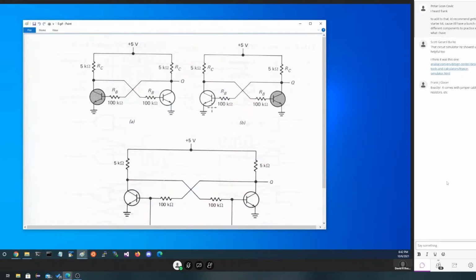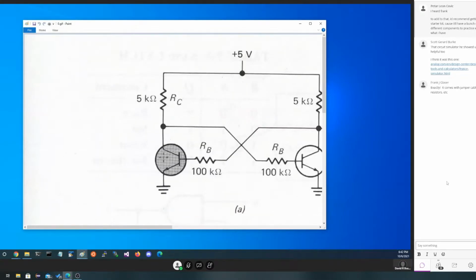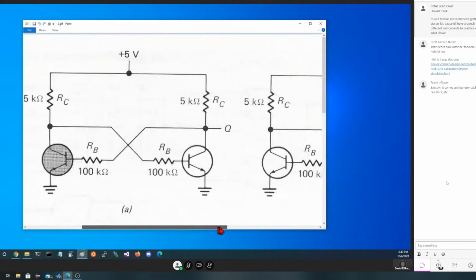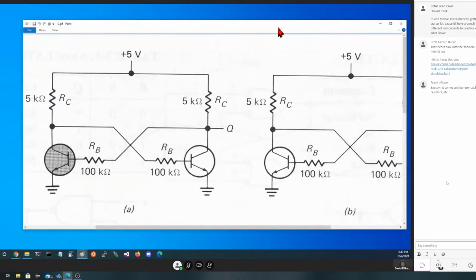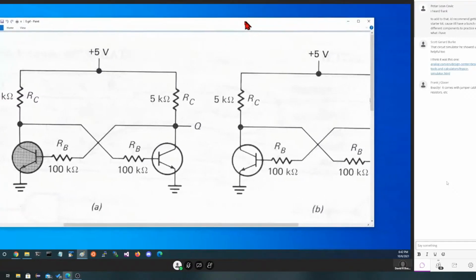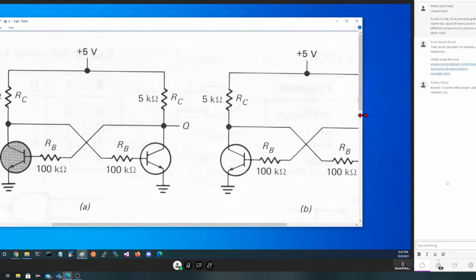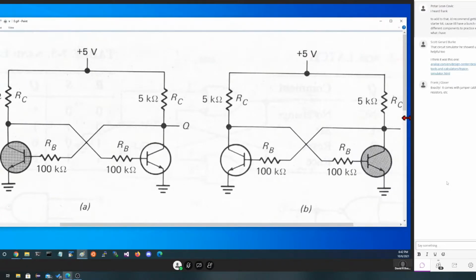We're looking at the top part of the picture here. If I'm lucky, I can get it to fit. Amazing.